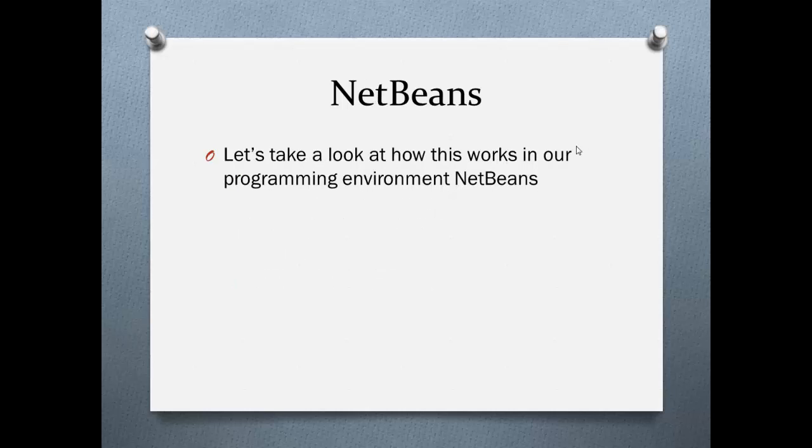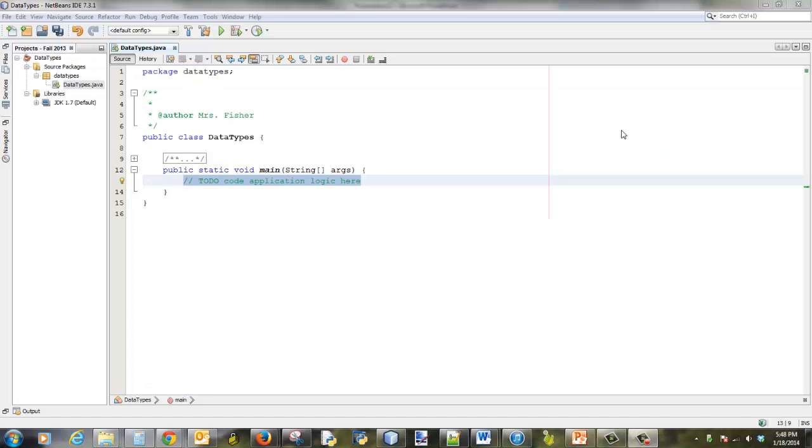Okay, let's take a look at how this works in our programming environment, NetBeans. Here's our NetBeans IDE. Remember, the Integrated Development Environment. I already have a program all set up called Data Types. So on this line 13 here, I'm going to remove the comment that says to do code application logic here and replace it with a print line statement that will allow us to show what happens when we use math operations on both integers and double numbers.